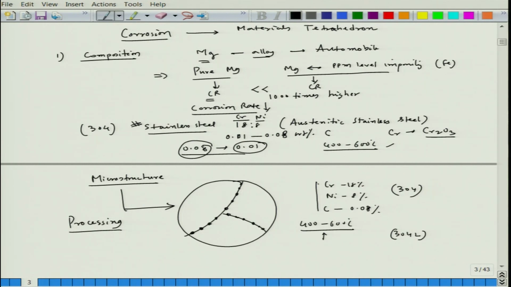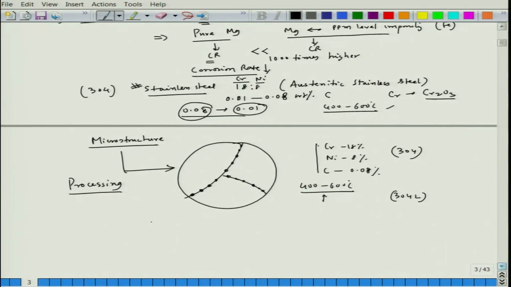And now, coming to the performance part, as we have mentioned, if you change composition, if you change microstructure, if there is a change in processing, and because of that there is a corrosion effect, definitely the performance is also going to suffer, is it not? So, that means the performance is compromised, at least in the case of stainless steel.